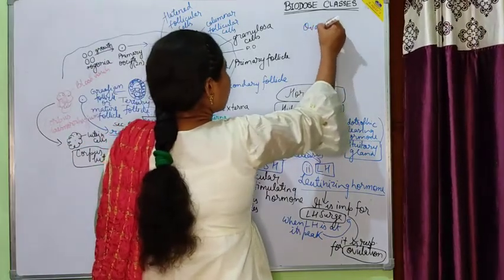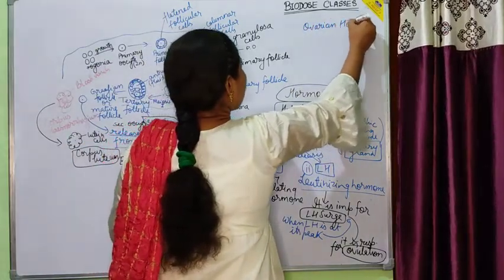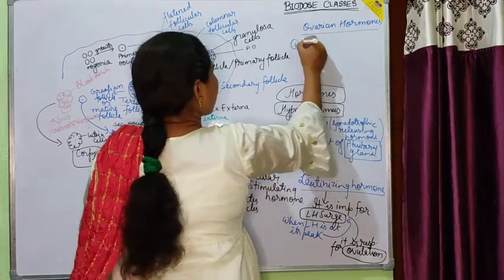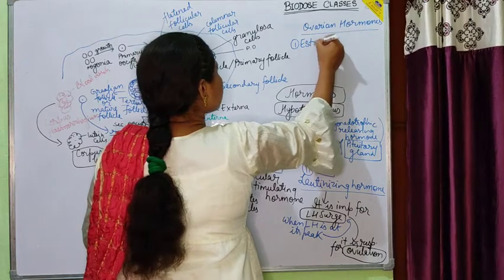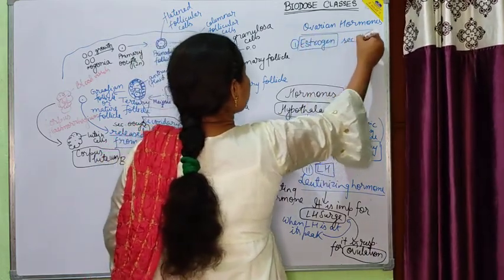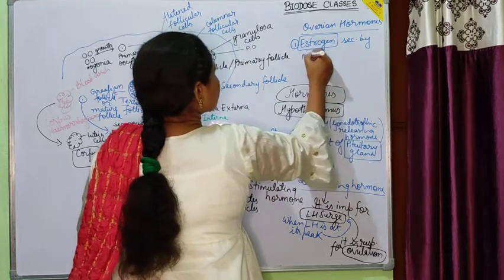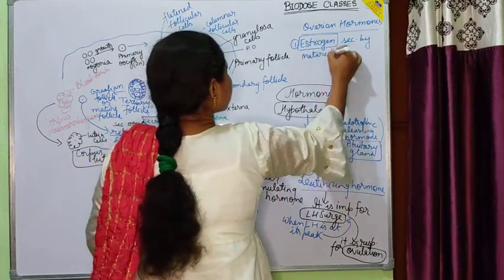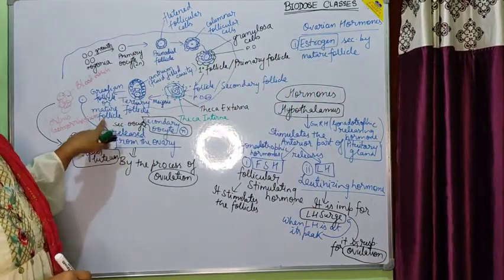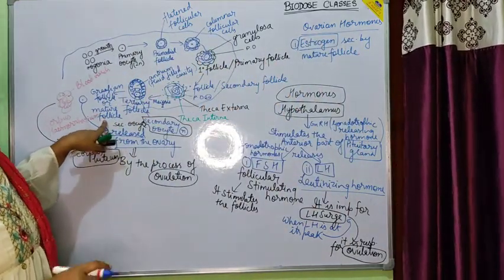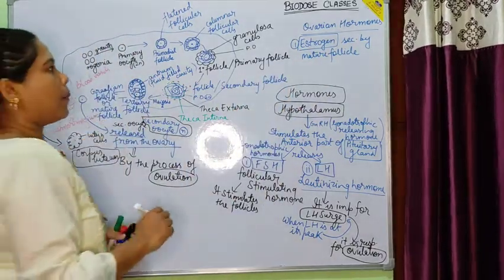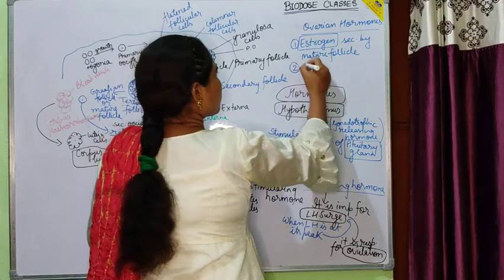So ovarian hormones are two. First one is known as estrogen. This is secreted by the mature follicle. So, when this Graafian follicle is formed, it is responsible for the secretion of what? Estrogen.